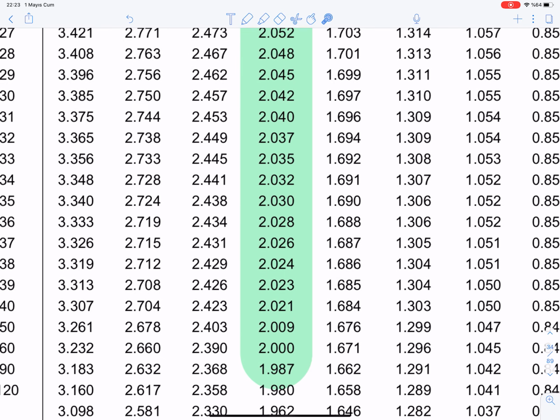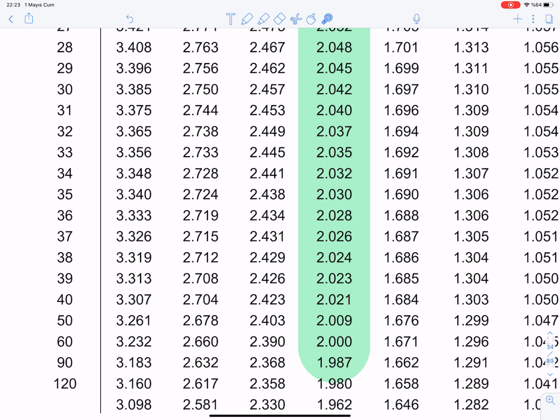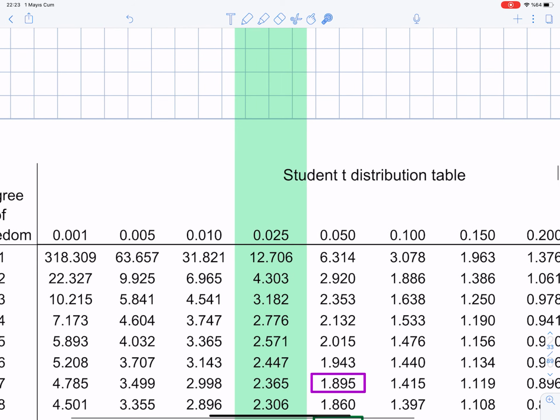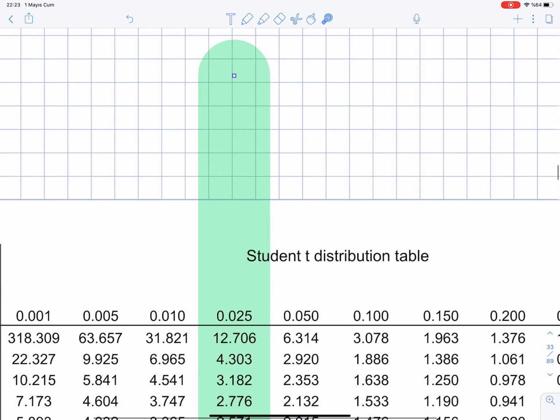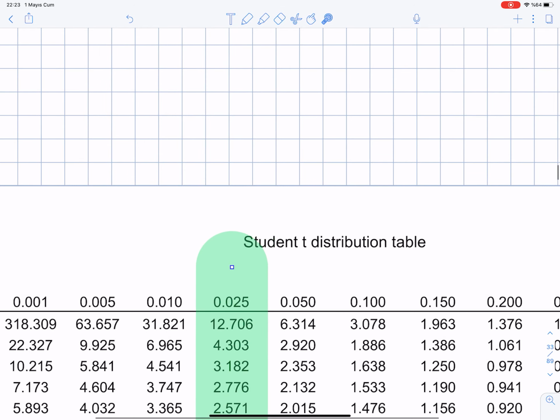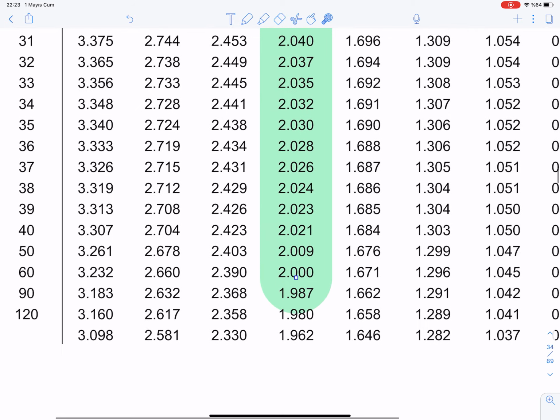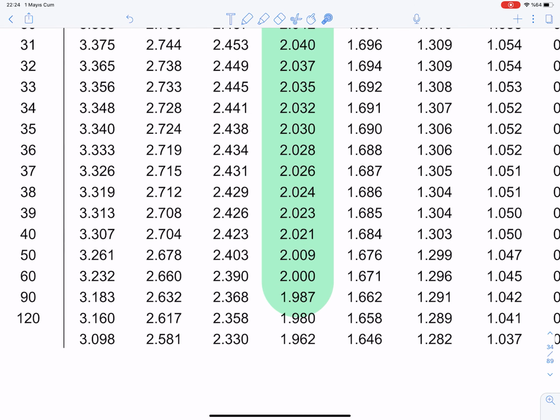This is the critical value, 2.021, from the t table, the Student distribution table.